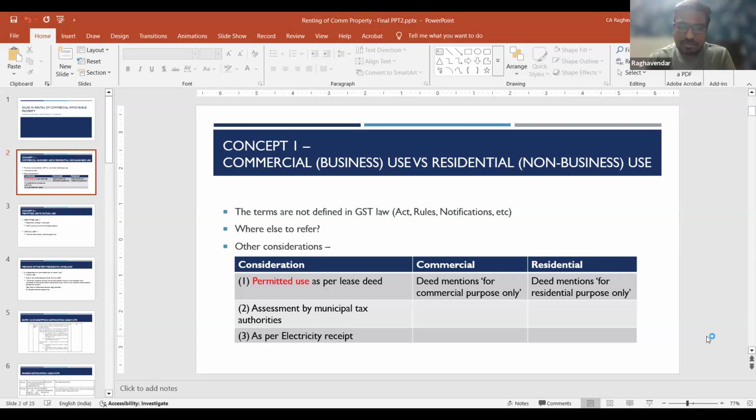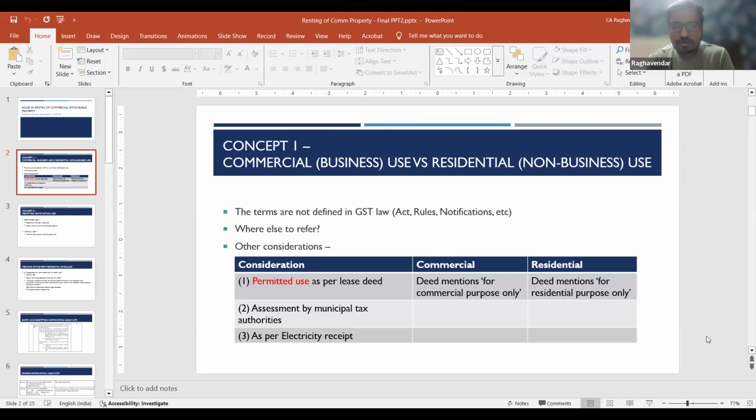The other acts, like the Transfer of Property Act and the Registration Act, also do not give any specific definition. The Registration Act is only for document registration. The Transfer of Property Act does not give any clarity on how to distinguish between a residential property and a commercial property.